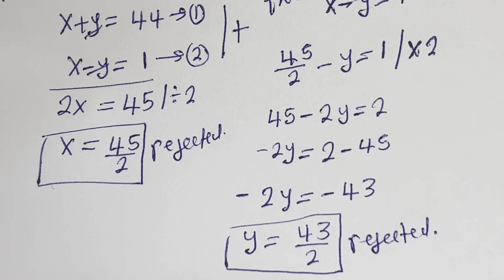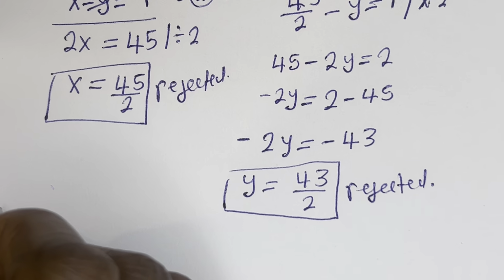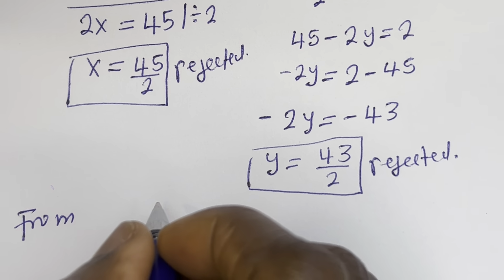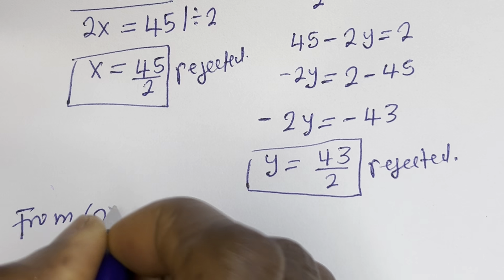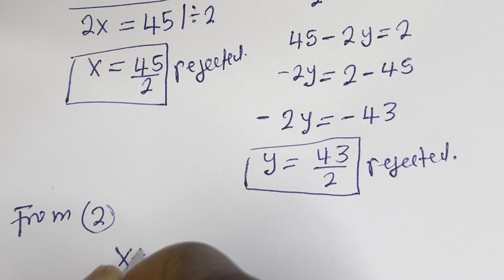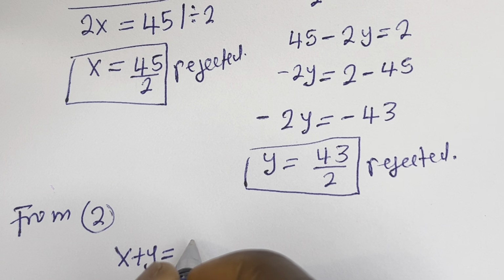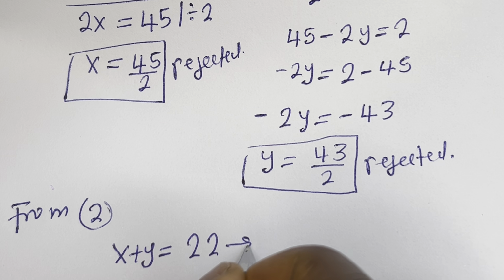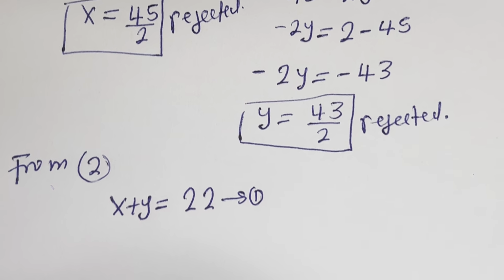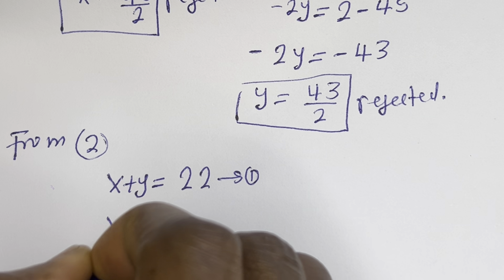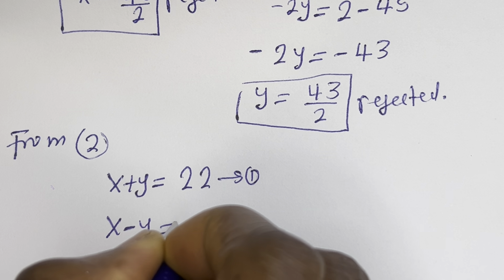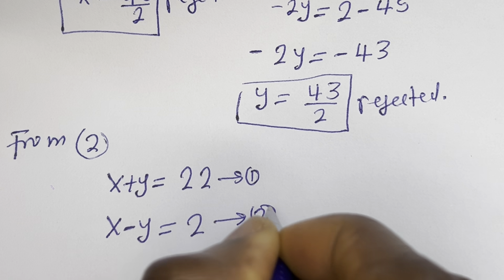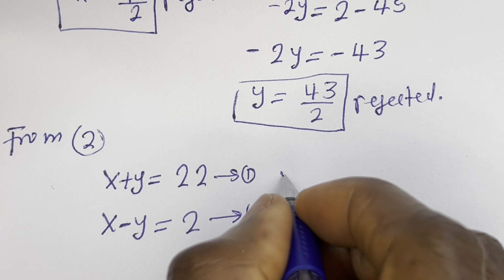Now let's consider the second case. From the second case, we have x plus y is equal to 22. This is equation 1. Then x minus y is equal to 2. This is equation 2. Let's add the two equations together.